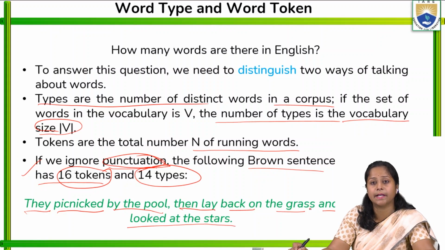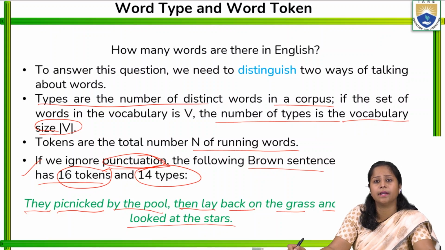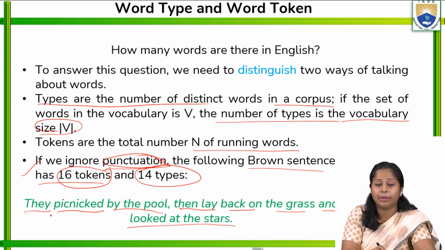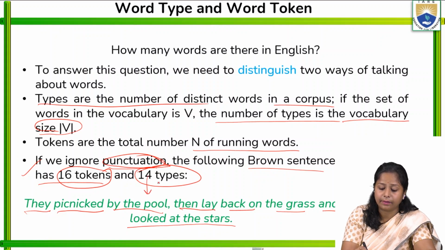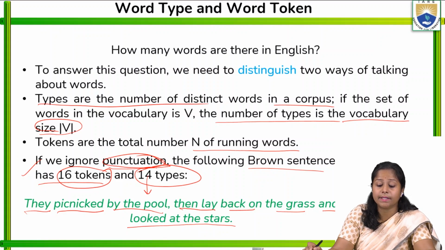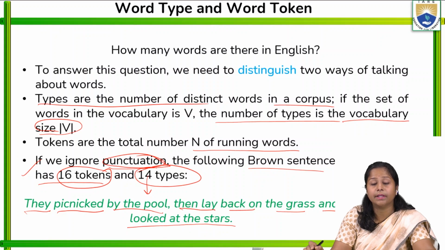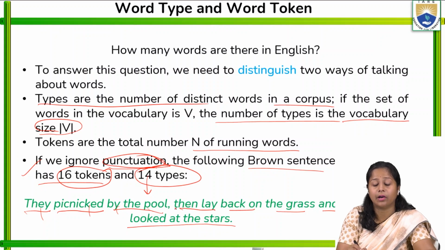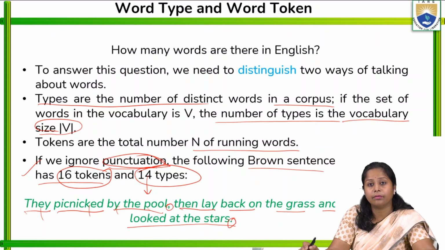The number of types is the vocabulary size, which is 14. The total number of words is 16. And if I also count the punctuation, that gives me 18 tokens. So likewise we can understand how many word types and word tokens there are.